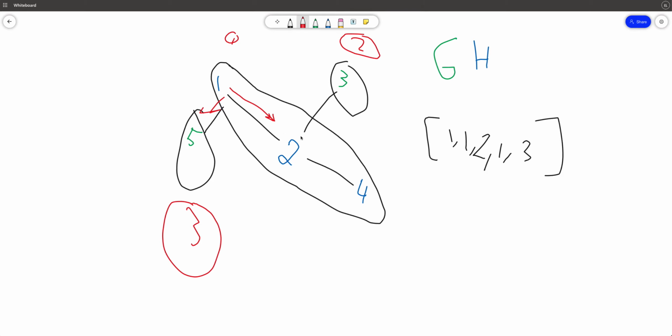Now we go to 2. Is 3 an H? Nope. Is 4 an H? Yep, so we add that to our temporary group. Then at 4, we look at its children. It would go back to 2, but we shouldn't add 2 because we already visited it. So you can see these are the cows that are part of this group, and you just do this for all of the cows.